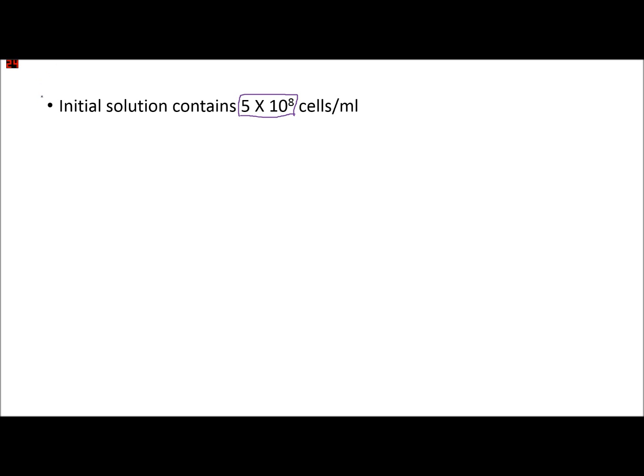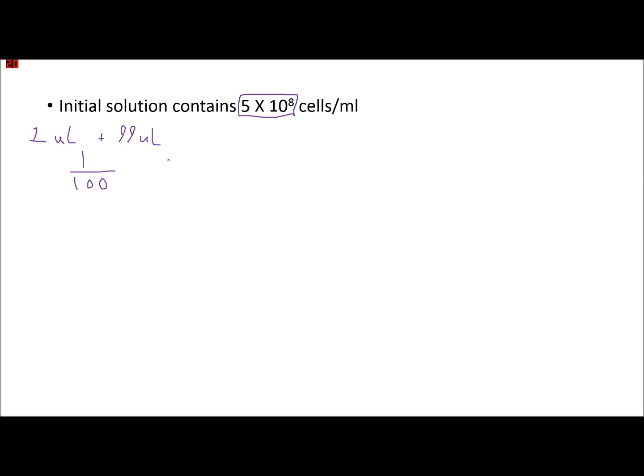So first let's try to do a 100-fold dilution. As we've been doing before, a 100-fold dilution can be done by taking one part, let's say 1 microliter of our solution, and adding it to 99 microliters of a buffer. And that will give us part over whole of 1/100, a dilution factor of 1/100, or a dilution of 100-fold.